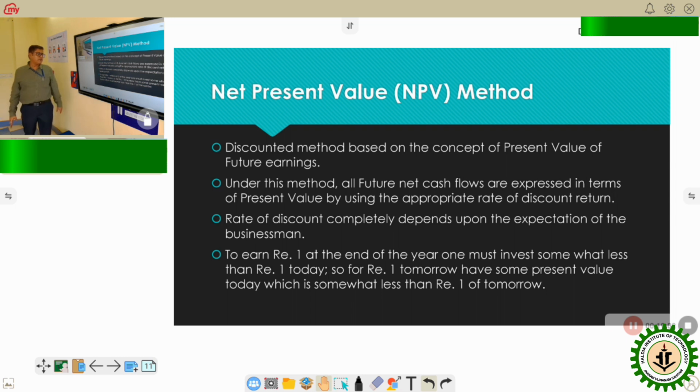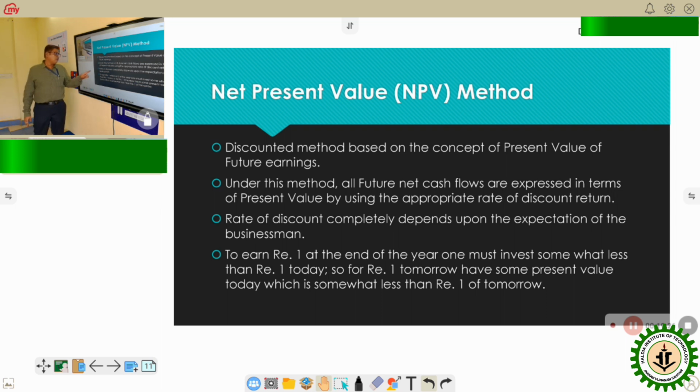Under this method, all future net cash flows are expressed in terms of present value by using an appropriate rate of discount return. Now the rate of discount completely depends upon the expectation of the businessman.